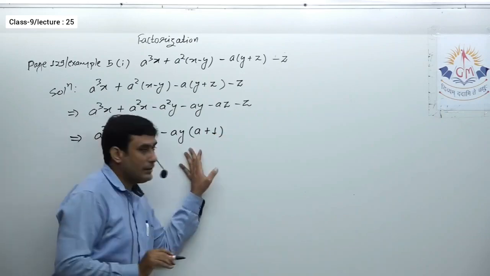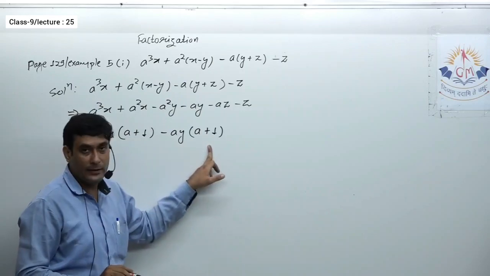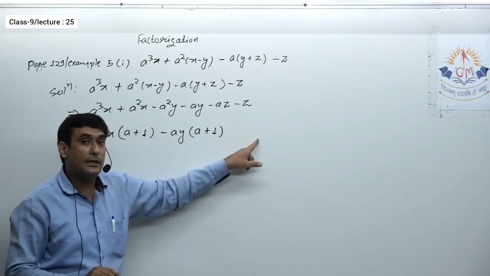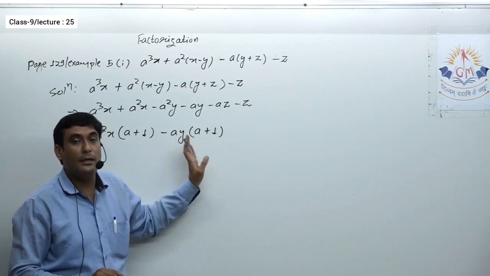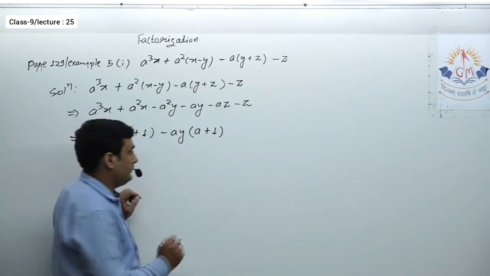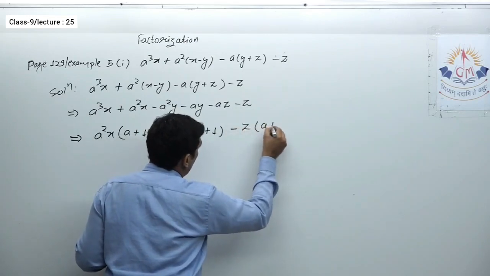Up to this I can say yes, it is possible to factorize further, because in the bracket I am getting the same thing. But in the third bracket, if I get the same thing again, then and only then is it possible to proceed. So let us see. From these two, yes, I can take z common, so a plus 1.